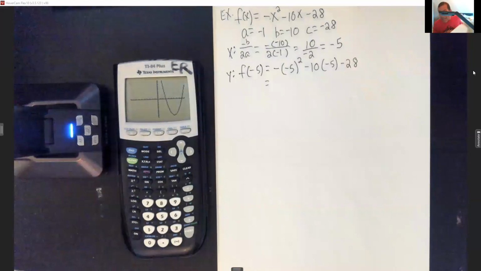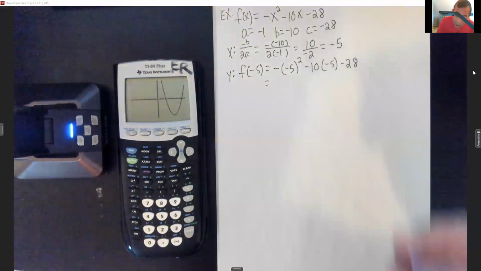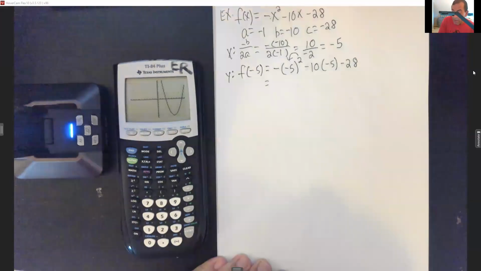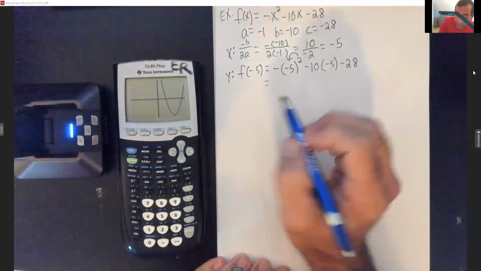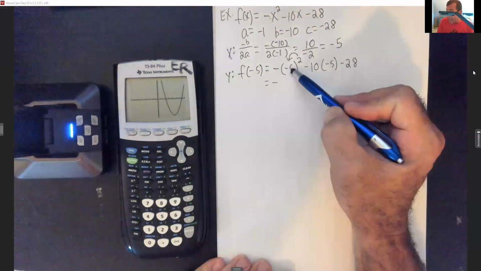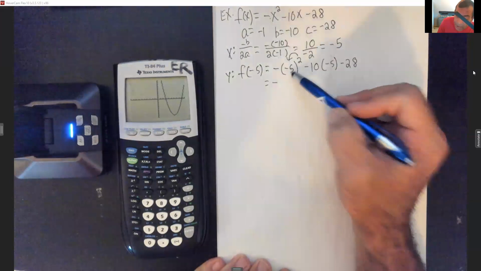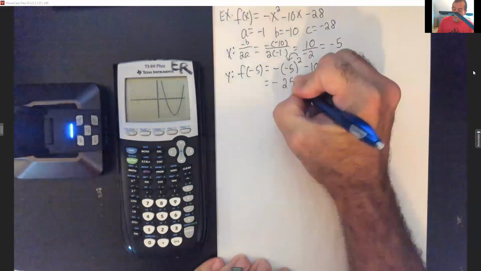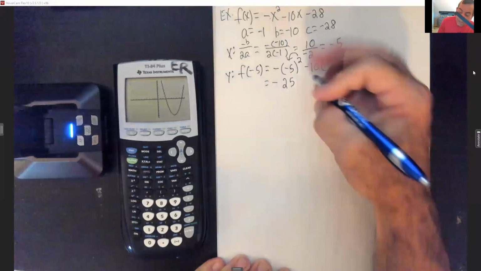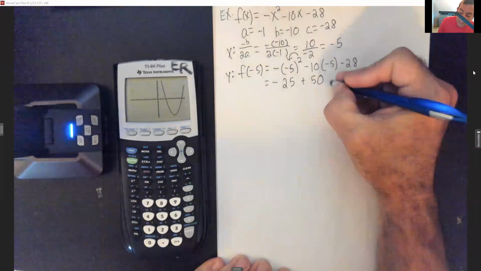You've got an exponent sitting there that has priority. And the exponent only affects the negative 5, so this negative automatically better come down. Now, negative 5 times negative 5 is a positive 25. Right here, you got a negative 10 times negative 5, which is a positive 50, and then minus my 28.